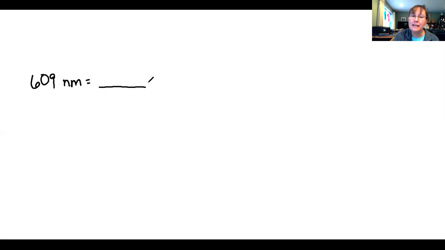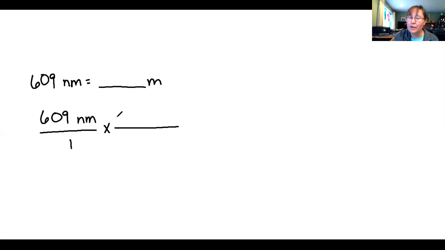We're going to need it in meters. Now we set it up the same way that we did before. 609 nanometers times, okay, now remember our conversion factor, nanometers to meters, and again, because my nanometers are on the top here, I need nanometers on the bottom here. It's 1 times 10 to the 9th nanometers per 1 meter.